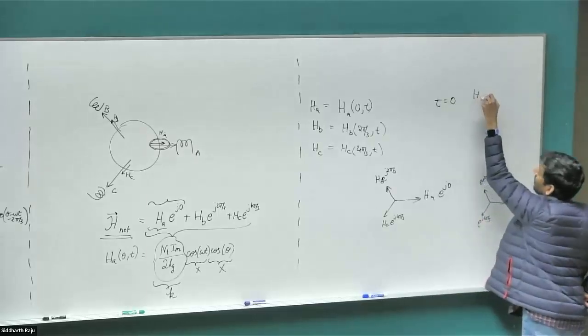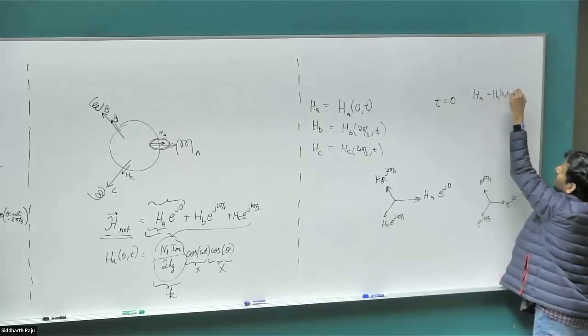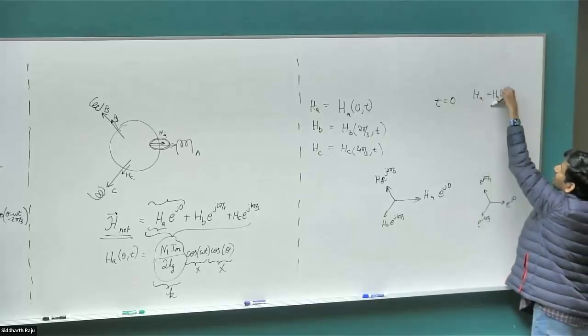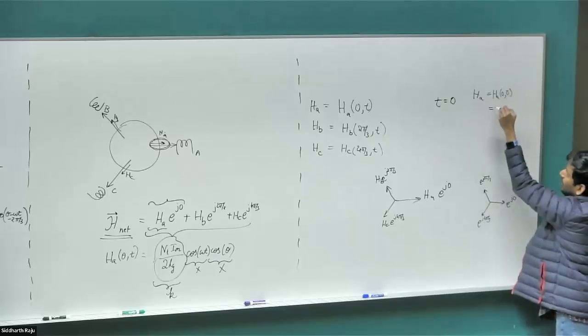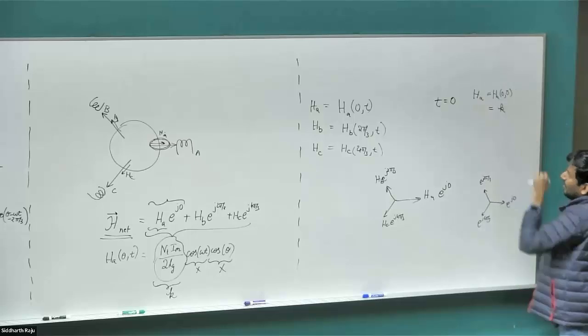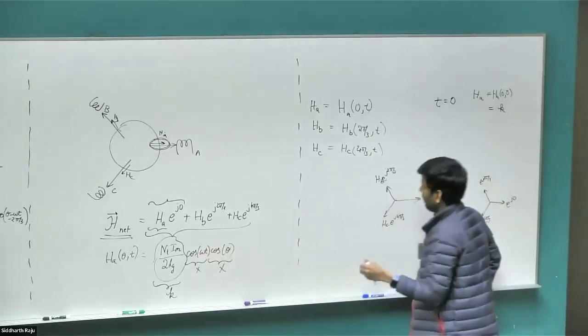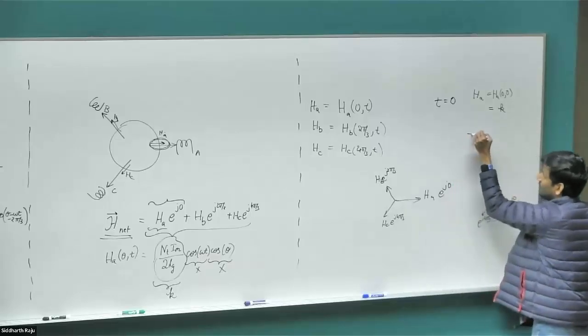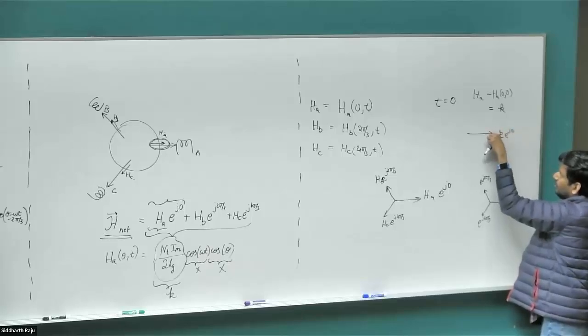So HA is going to be equal to HA at angle 0 degrees at time t, and in our case we substitute time t equal to 0. We are going to get some value k. All right. So that's the value we get because this term is 1, this term is 1. And we have our vector.